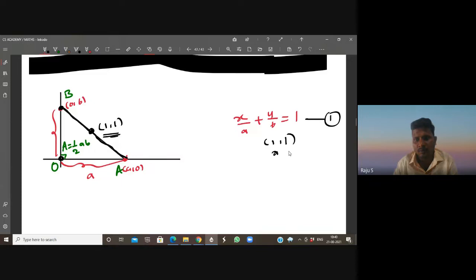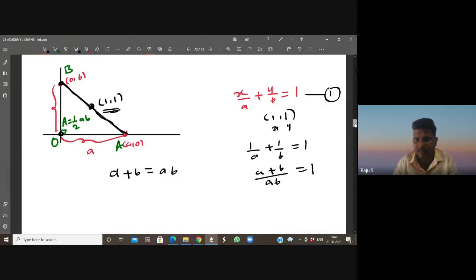So replace x by 1, y by 1. So 1 by a plus 1 by b is equal to 1. When I take the LCM, ab is the LCM, so a plus b is equal to ab.